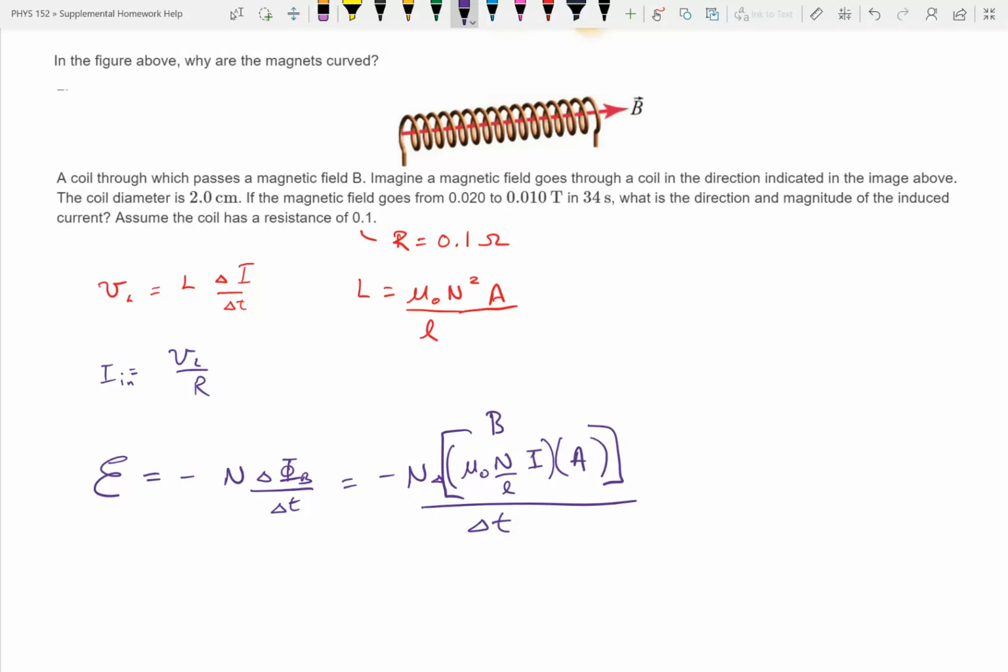And now if you look at the two equations, they come out to be exactly the same, except for the minus sign. N squared, because we have N times N, mu naught A over L times change in current over change in time. So you see that Faraday's law of induction gives the exact same answer. I just think that one's more straightforward.